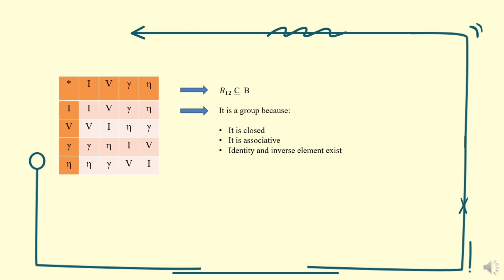The inverse of 1 is itself, 5's inverse is 5 also, the inverse of gamma is gamma, and lastly, the inverse of eta is eta. Therefore, B12 has the same binary operation star as B.